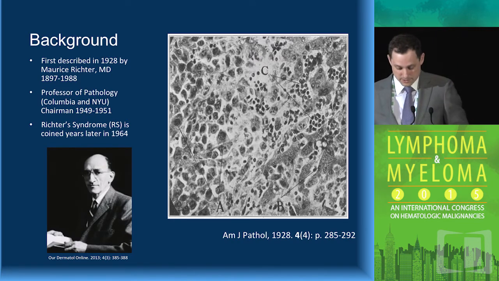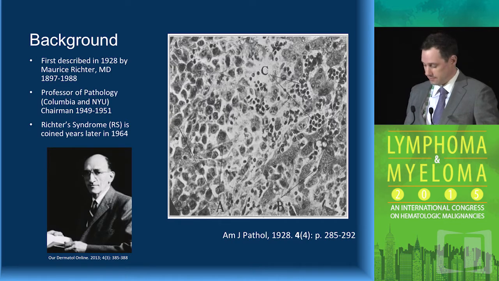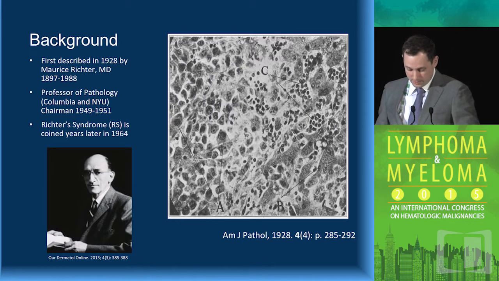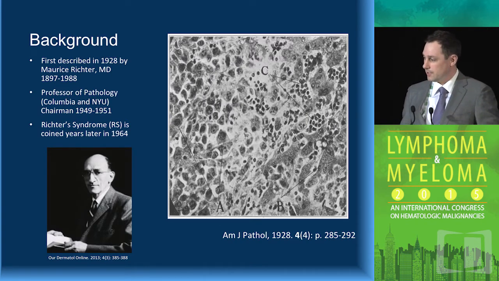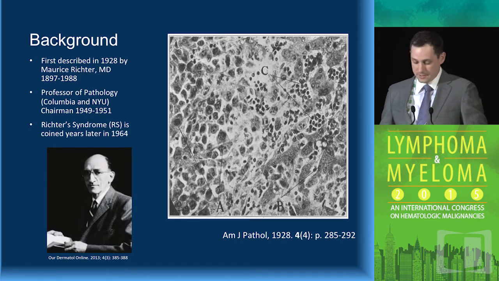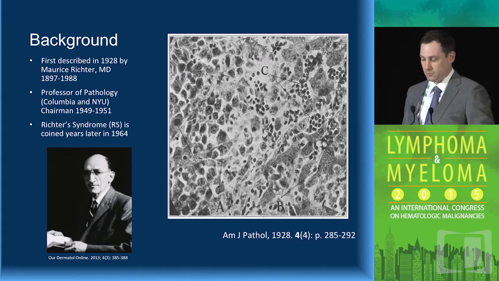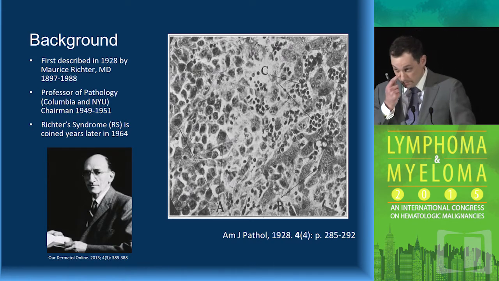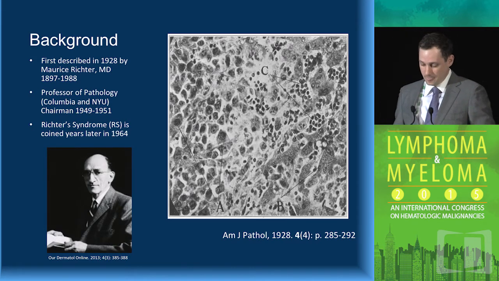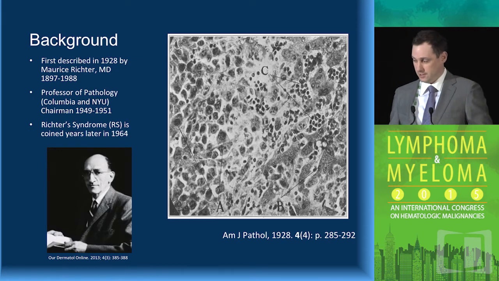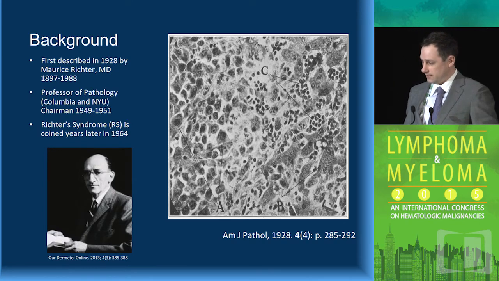So, quick background. You can't come here to New York City without knowing a little historical fact: Dr. Richter was a good citizen of this fine city and was a professor of pathology at Columbia as well as chairman of pathology at NYU. His seminal paper was in 1928, where he had a patient who had CLL and had a rapid decompensation and died secondary to this disease.